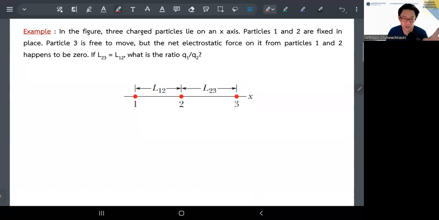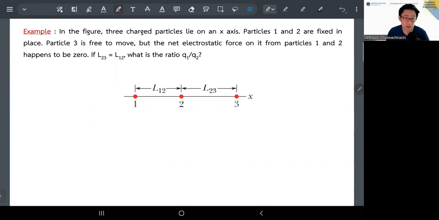And then you look for what is the force on 3 due to particle number 2. And those 2 forces must cancel themselves out. Does that make sense? Okay, so that's what we are trying to do here, just think in terms of the force. Okay, let me try to do that first.